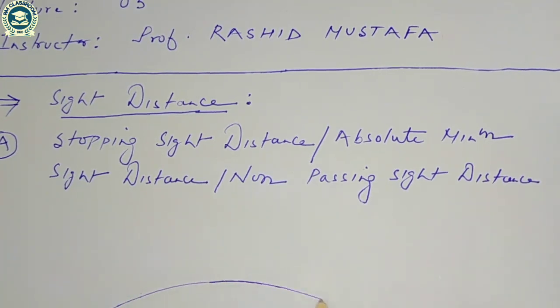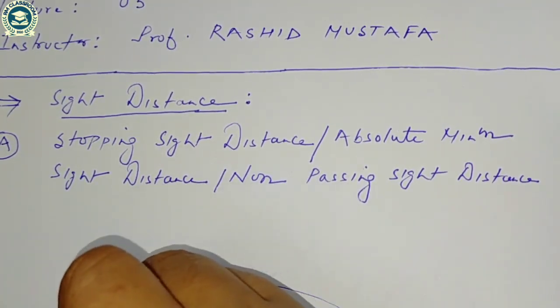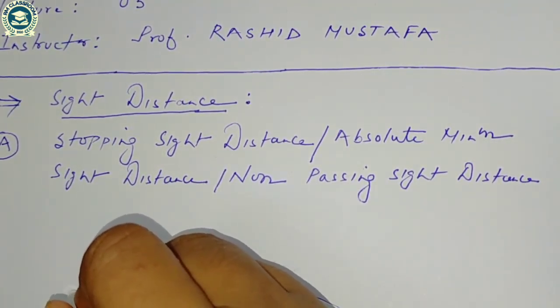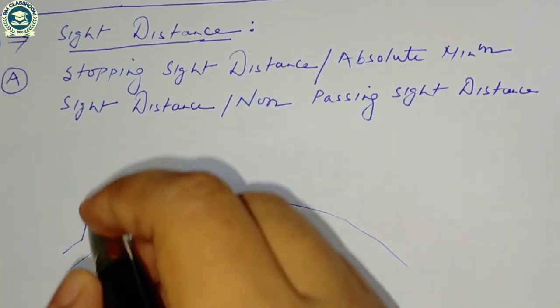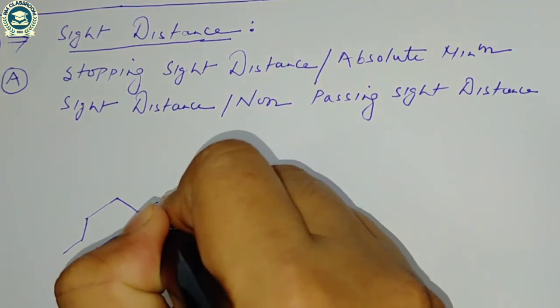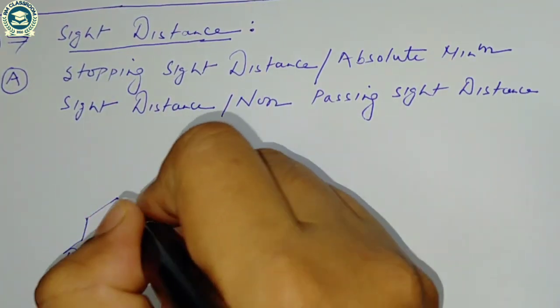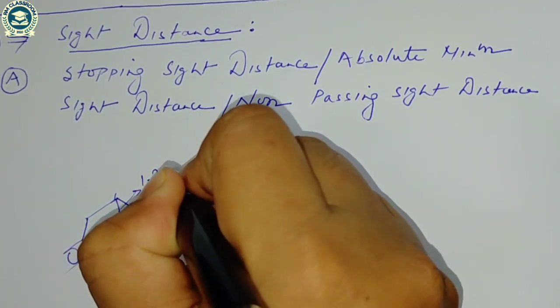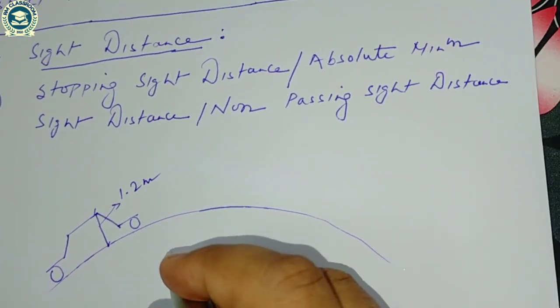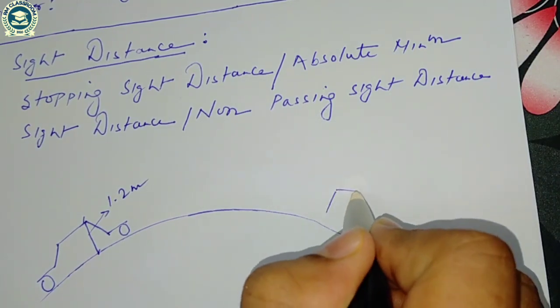So this is our vehicle, and this is the driver height. According to IRC it is 1.2 meter, and this is our object.